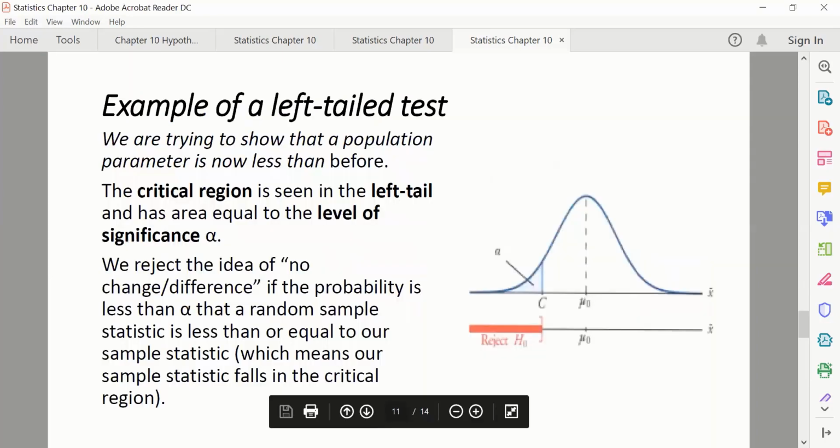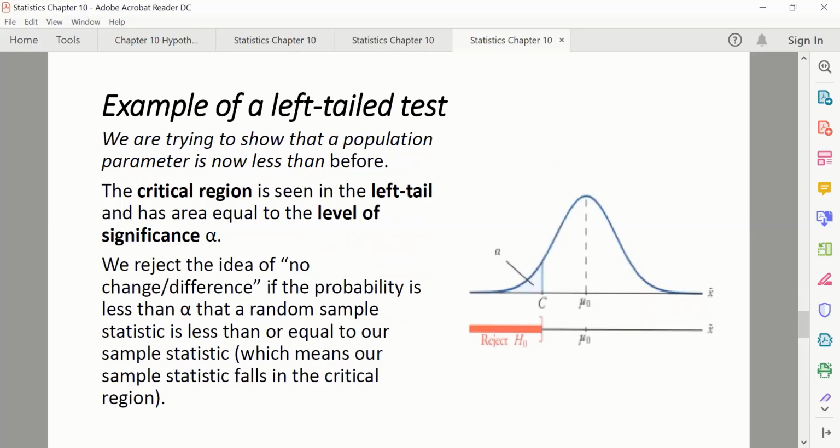Let's look at an example of a left-tailed test. So here we're trying to show that a population parameter is now less than before. So maybe we're looking at the mean and we're saying, I think the mean is lower now. So that's why we have a left tail, because we're looking at things that are smaller. We expect our sample data to be smaller than our population data.